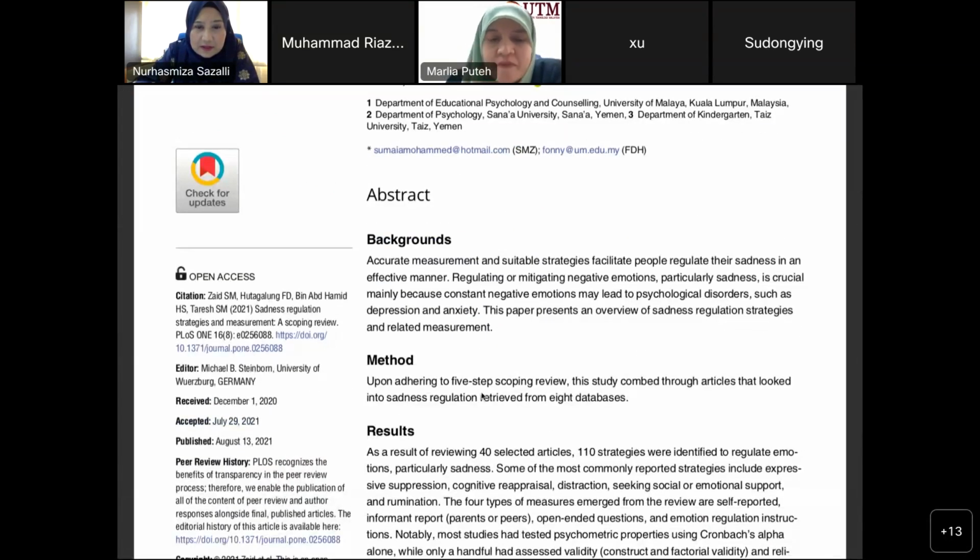And then the method. I am not that good in scoping review, but I think the scoping review is becoming a common methodology in reviewing papers. The difference between scoping review and systematic literature review is that systematic literature review takes a longer time, like Khalid mentioned just now, and takes a lot of articles for you to review.